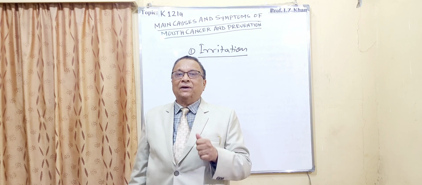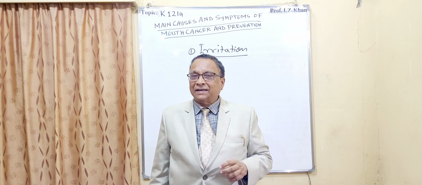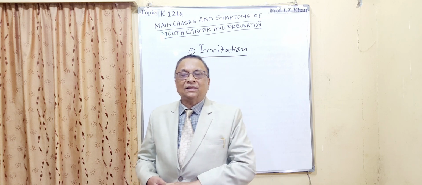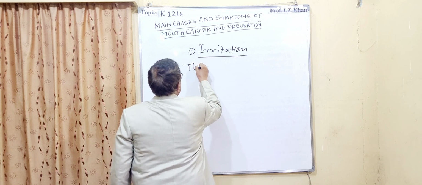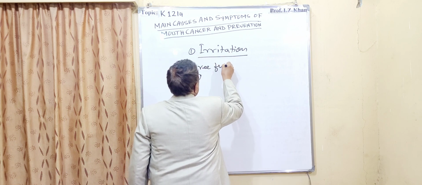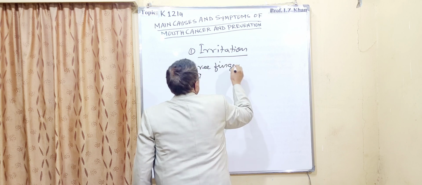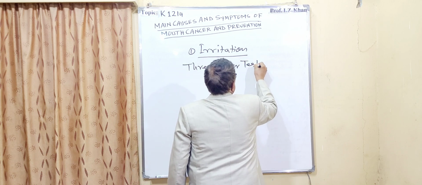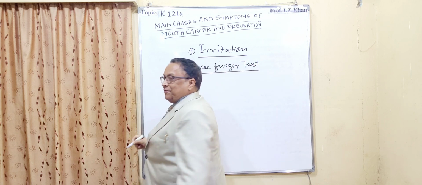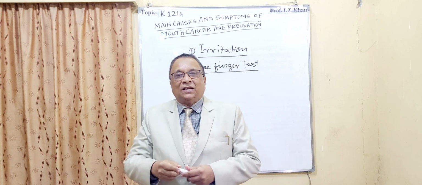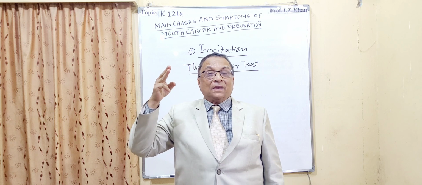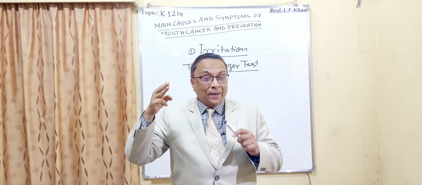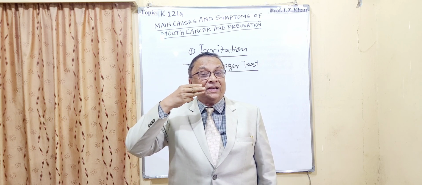And also nowadays there is one test that is called the three-finger test. Three-finger test means you take your three fingers like this, and see whether your mouth can open and accommodate your three fingers or not.